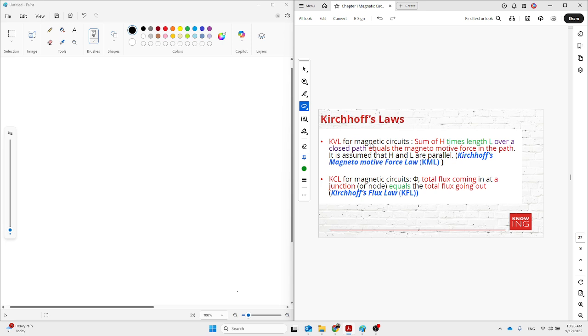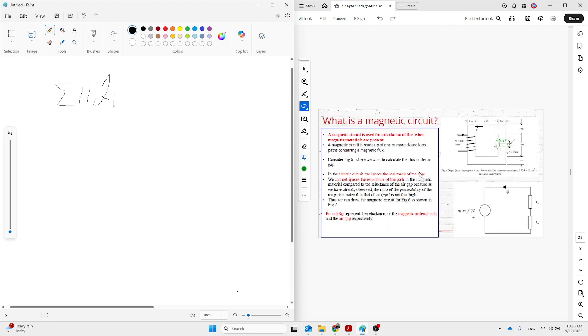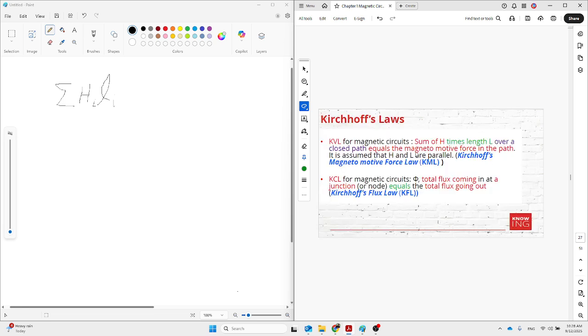The KVL for the magnetic circuit is the summation of H times L, so it's H_i L_i, over a closed path. Over a closed path means from here to here, closed path, equal to the magnetomotive force, the MMF.